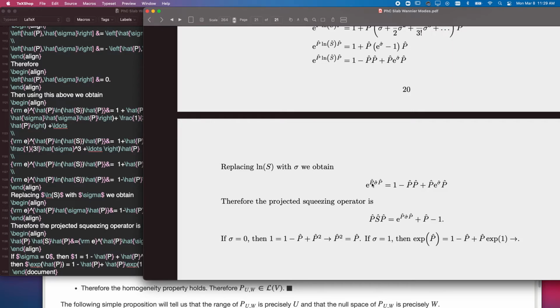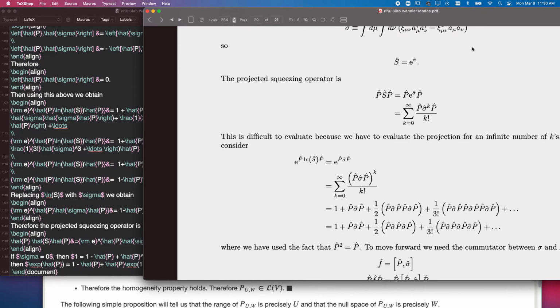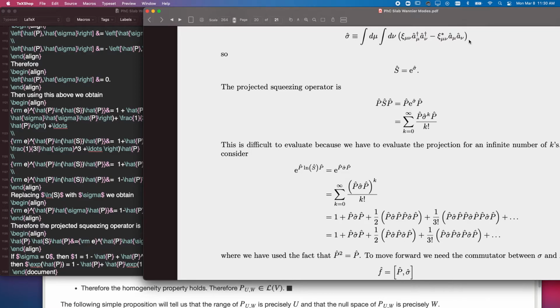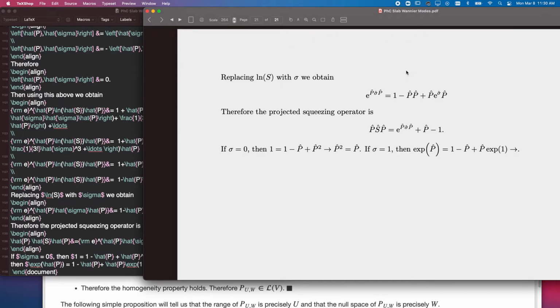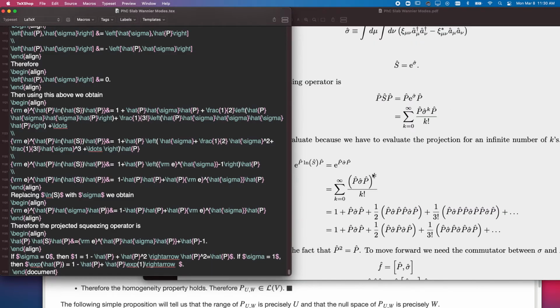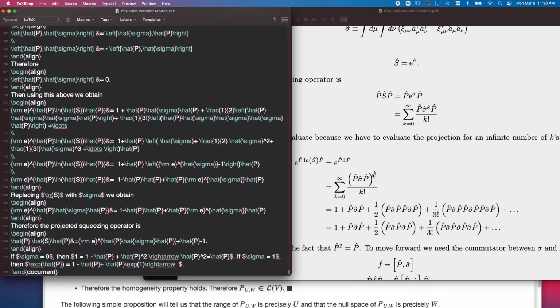Give me 1 plus p squared S, if e is equal to 1, what is e to the 1? It's just e.